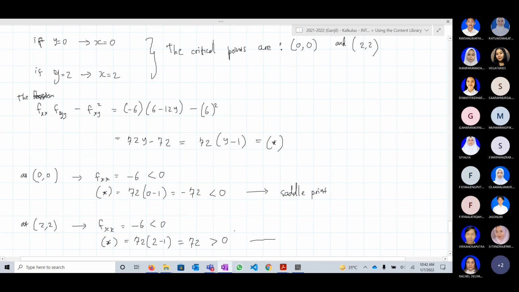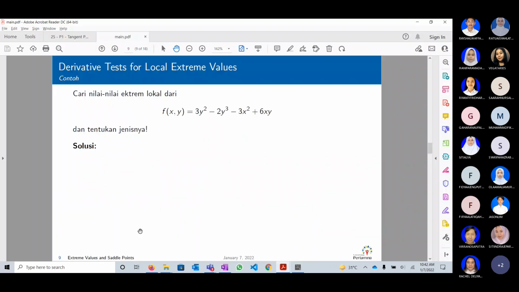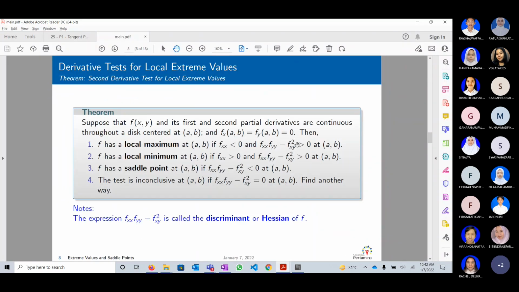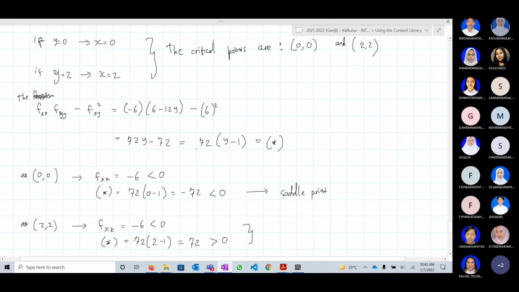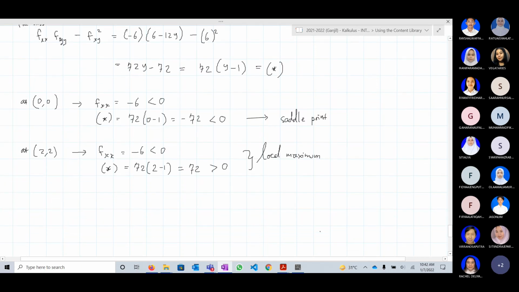And since the Hessian is positive and fxx is negative, then in this case we have a local maximum. Any questions?